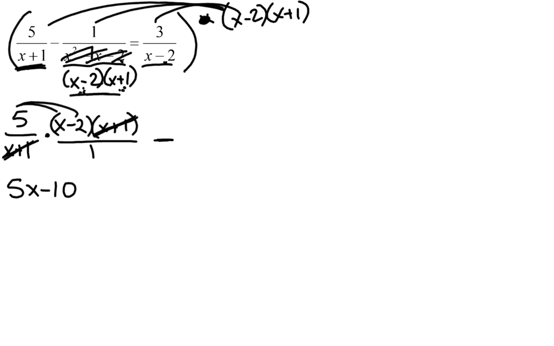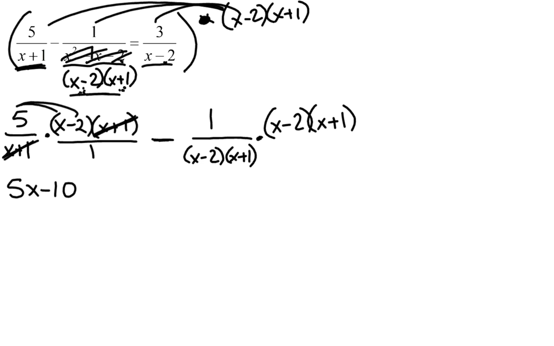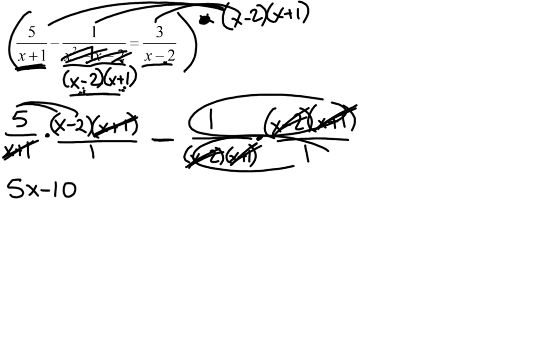Now I have my second portion, which is 1 over x minus 2 times x plus 1. I need to multiply that entire term by my common denominator. But before I can cancel, and that's the whole point, by canceling common factors, we're eliminating denominators. In this case, everything canceled, so I'm left with 1 over 1, and I'm subtracting that.